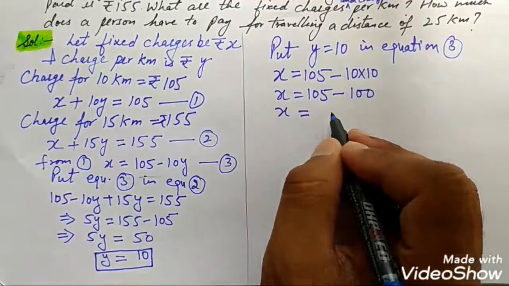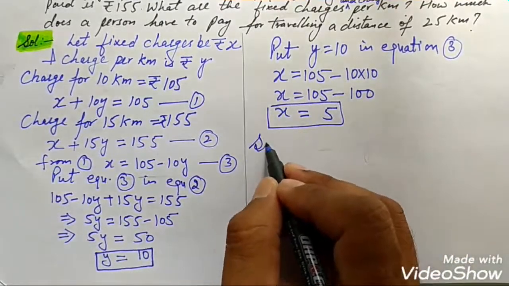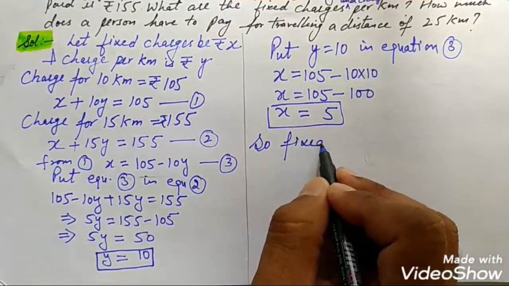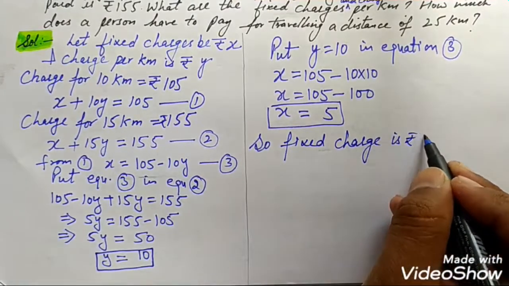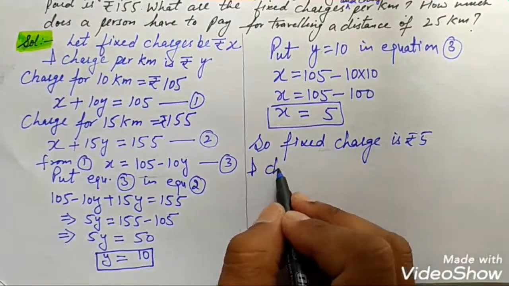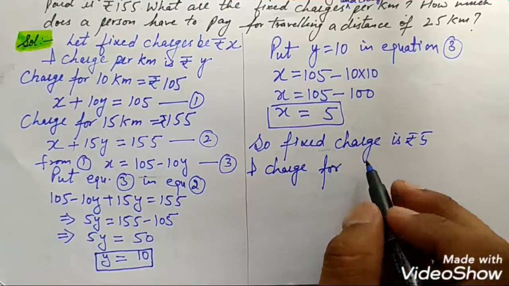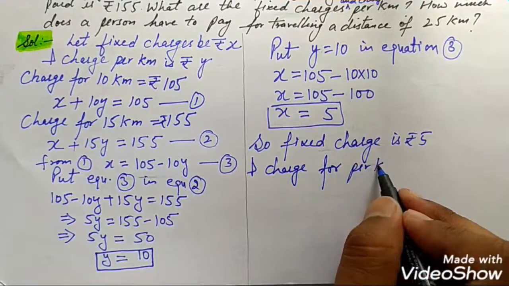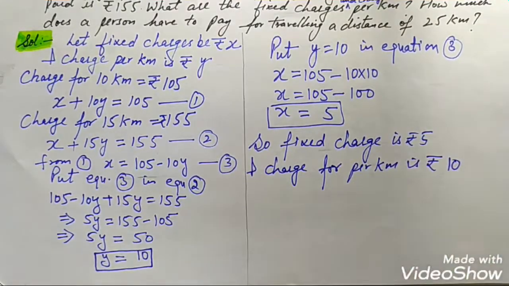So x is 105 minus 100, which is 5 rupees. So the fixed charge is rupees 5 and the charge per kilometer is rupees 10. So this is our answer.